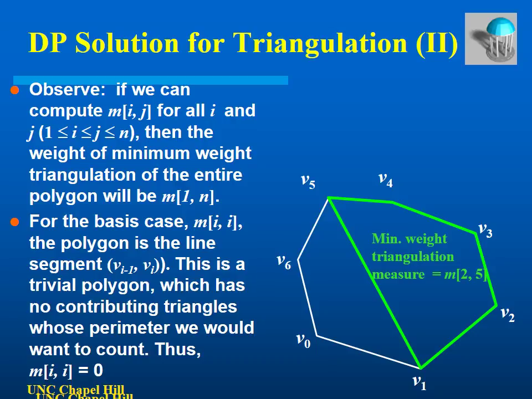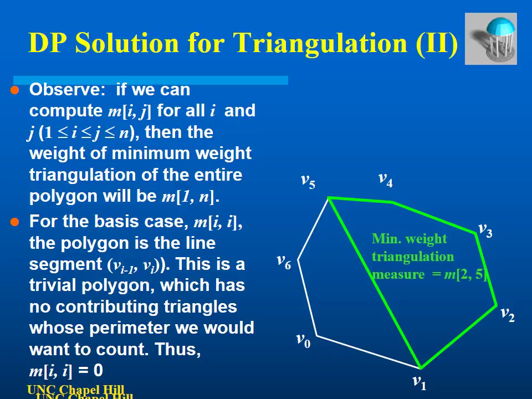We also note that if we look at m sub i comma i, that's the triangle, the polygon if you will, that goes from the i minus 1th vertex to the ith and back.